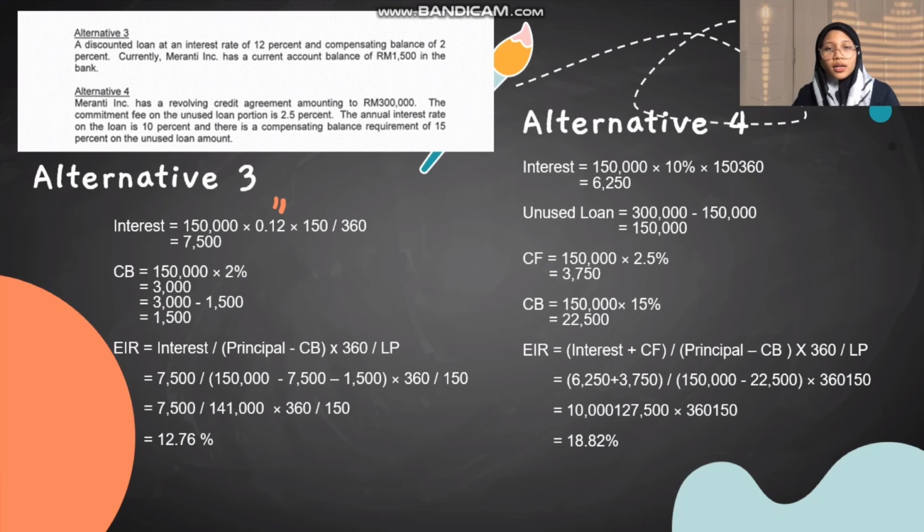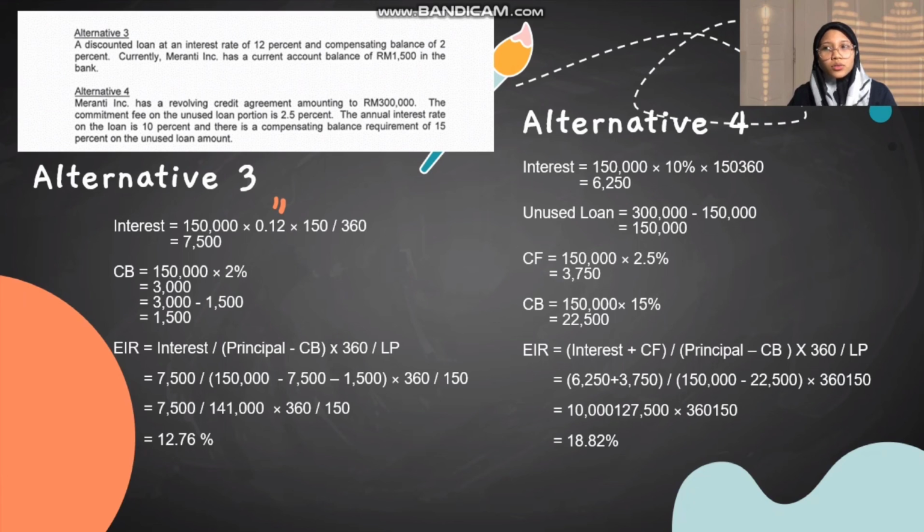And the EIR is interest divided by principal minus compensating balance, multiply with 360 days and divide with loan period, and I got 12.76%.